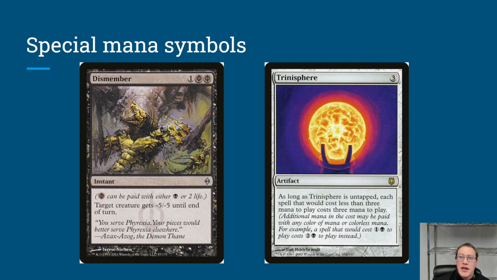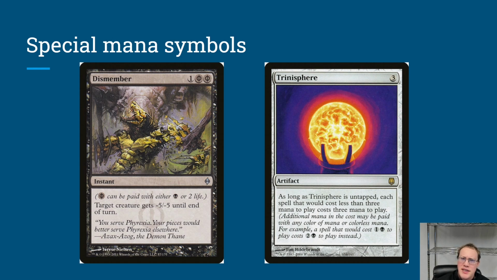In that same step where we decide what the non-hybrid equivalent is that we're going to pay, it's also going to ask us, okay, with this black Phyrexian symbol, are we going to be paying a black or are we going to be paying 2 life? And again, that happens before Trinisphere applies, and it happens in an earlier step in the casting a spell process than determining how much the spell costs.